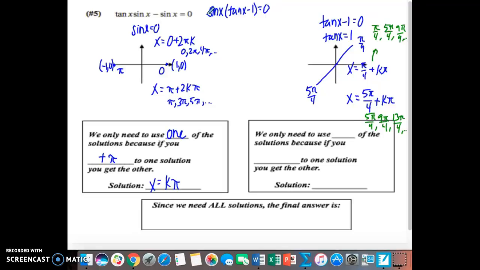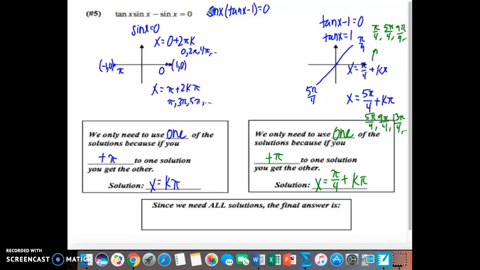So in understanding this, we only need to use one of these solutions, because if you just add pi to one solution, you get the other. So we just need to choose one. Let's just say x equals pi over 4 plus k pi.